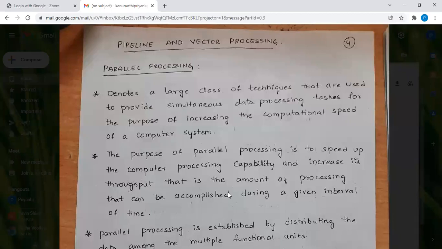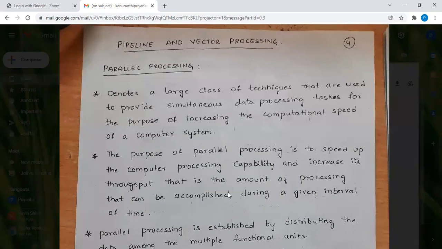In this pipeline and vector processing, we'll be discussing different elements. First, we'll be talking about parallel processing. Secondly, pipelining.